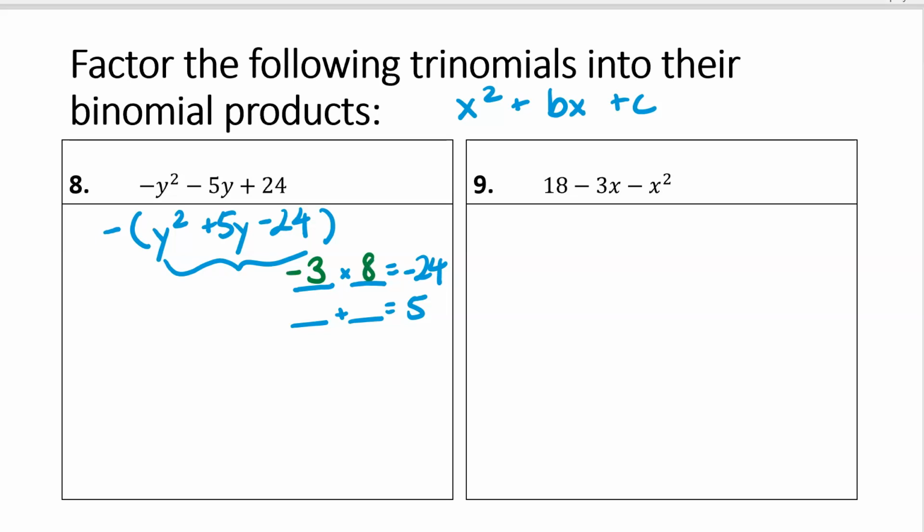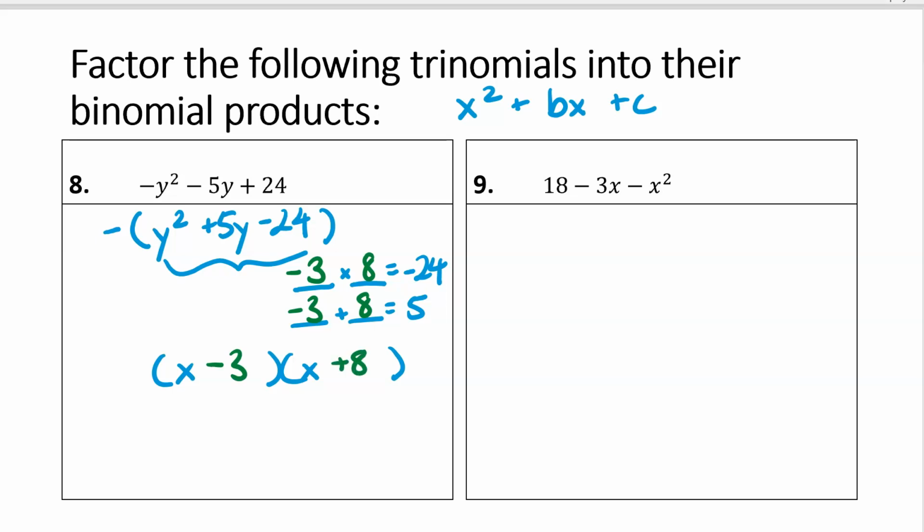So we can do -3 times 8 would be -24, because -3 plus 8 equals 5. So then we can factor what was in the brackets. We'll have our two sets of brackets, x and x. In there would be a -3 and a +8.